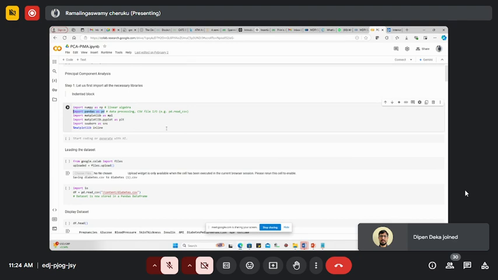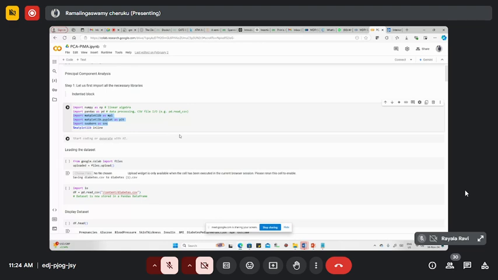For visualization we can use matplotlib, and Seaborn is another, more advanced visualization library. These three basically provide the libraries for data visualization.